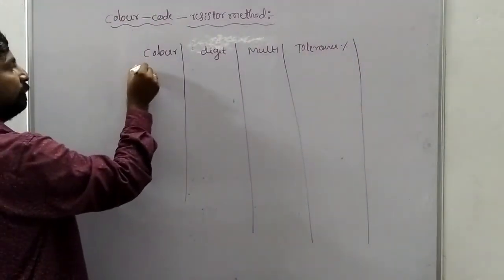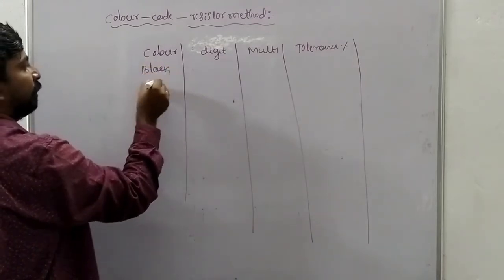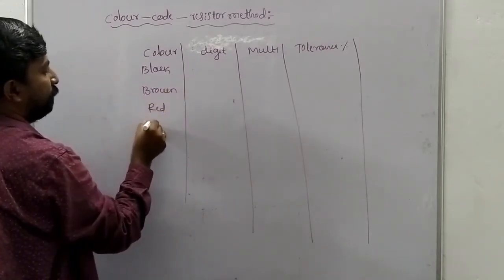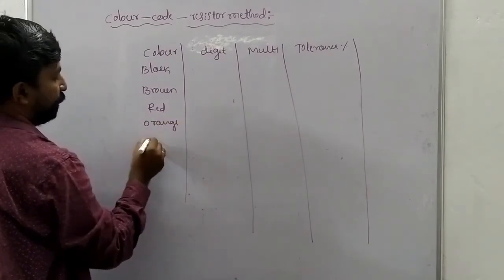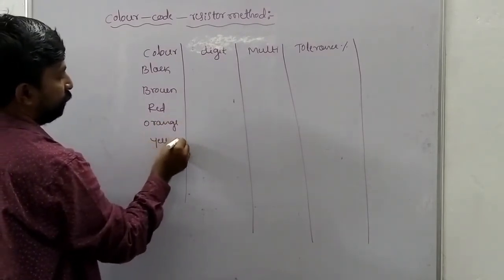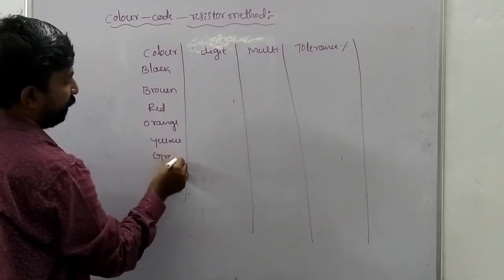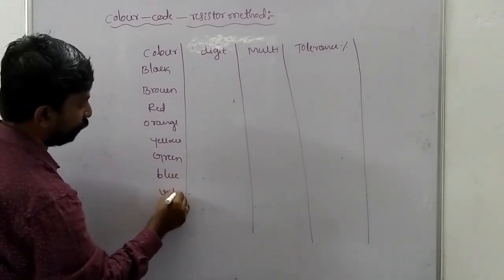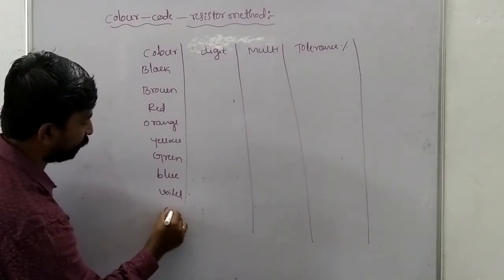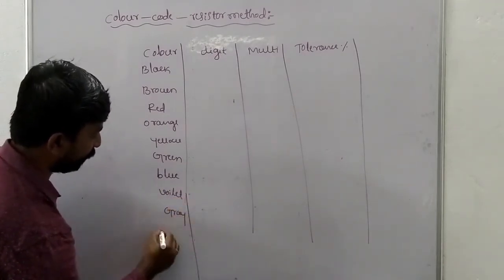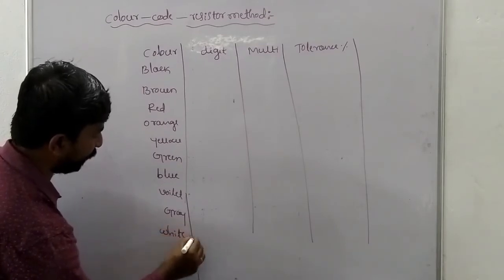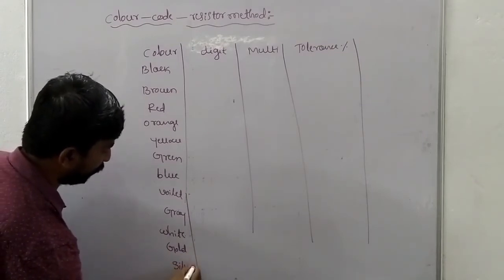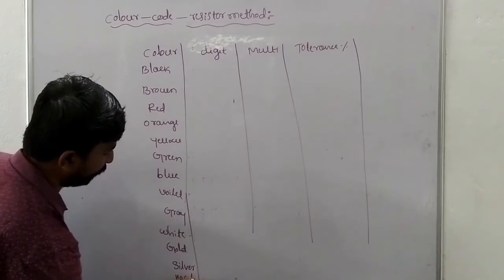So first color: black, brown, red, orange, yellow, green, blue, violet, gray, white, gold, silver, and no color.